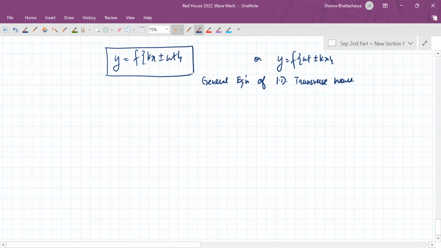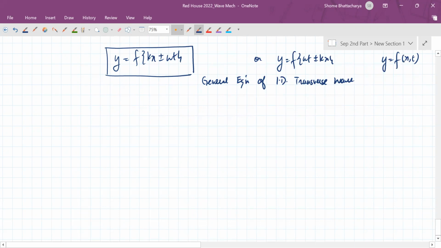Now, since this is basically a function of x and t, y is not a single-variable function. And unlike something you've seen before in, let's say, electrostatics or gravitation, where potential is a function of position, so it's a function of x, y, z, here the two parameters are different: one of them is a spatial or position parameter x, and the other is a time parameter.